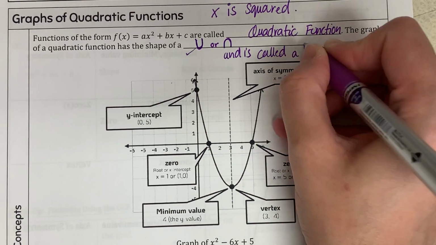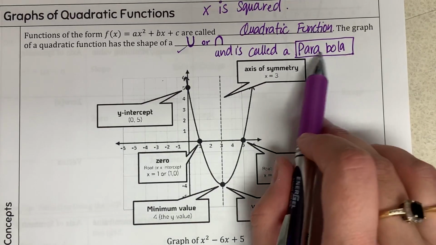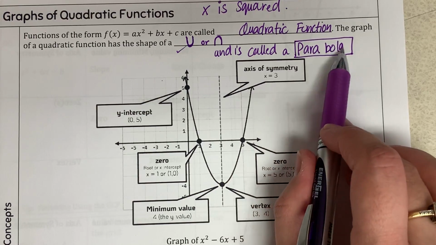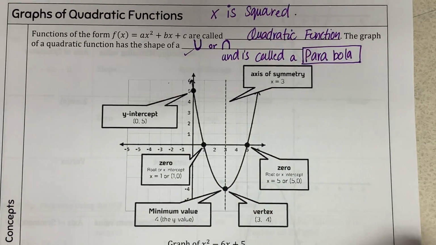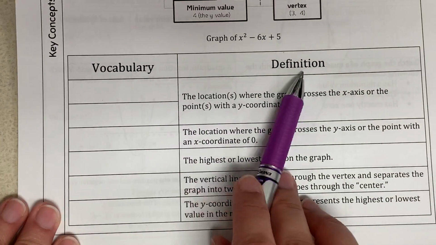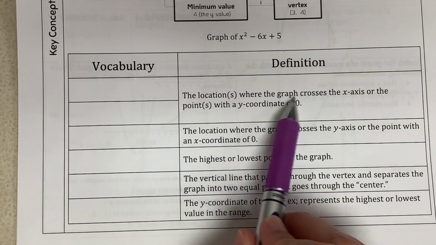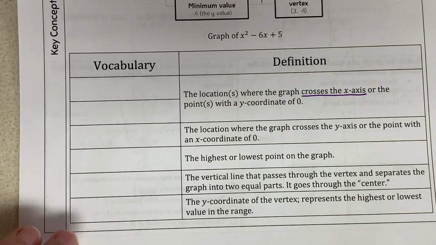You might see or read that word as well. Parabola is one word, P-A-R-A-B-O-L-A, parabola. Vocabulary definitions: you need to know these words. The locations where the graph crosses the x-axis. That's your clue.